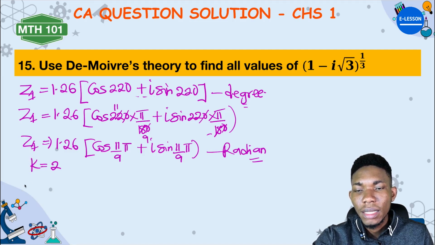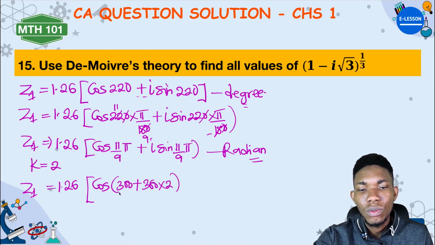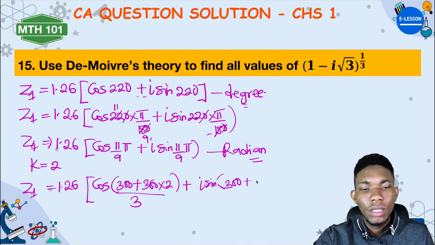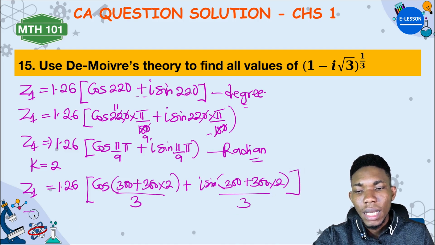So wherever you see that, your z1 will be equal to, of course, 1.26 bracket cos 300 plus 360 in place of k, multiplied by 2, divided by 3, plus I sine 300 plus 360 times 2 divided by 3.